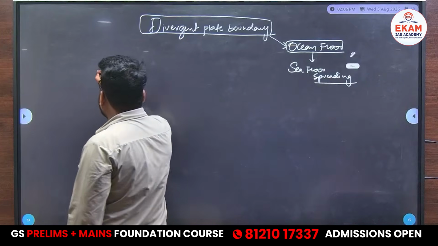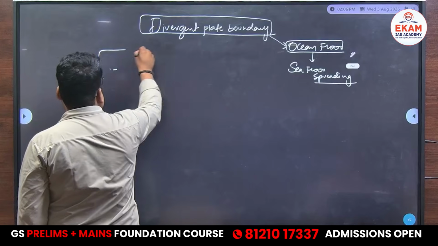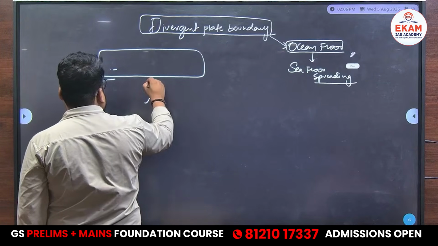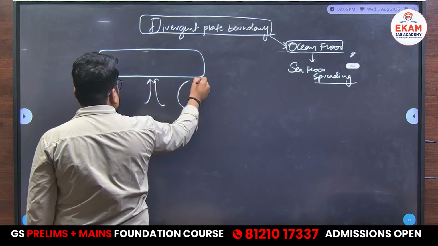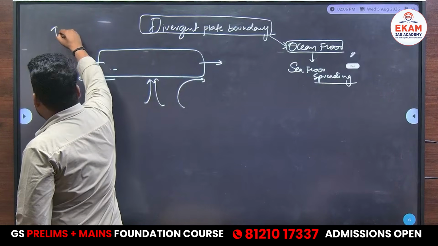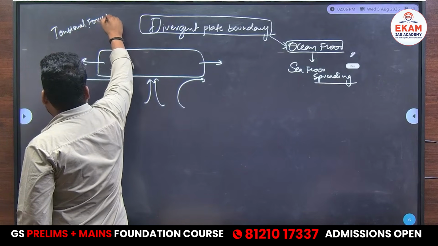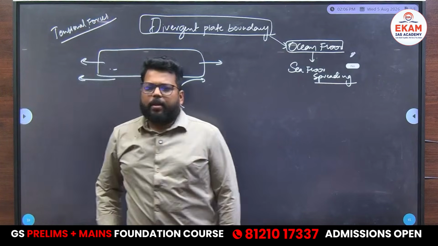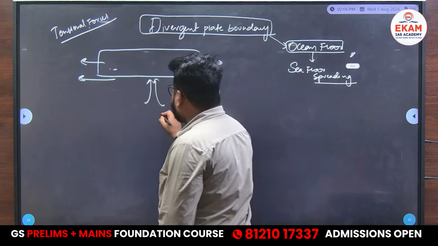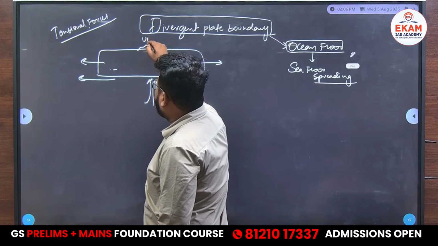But what happens when the divergent plate boundary is created on the crust? Tensional forces are applied. Obviously, divergent plate boundary will lead to tensional forces, yes or no? Now, on the crust, when tensional forces are applied, what would happen? Initially, we shall be having some upwarping of the crust.